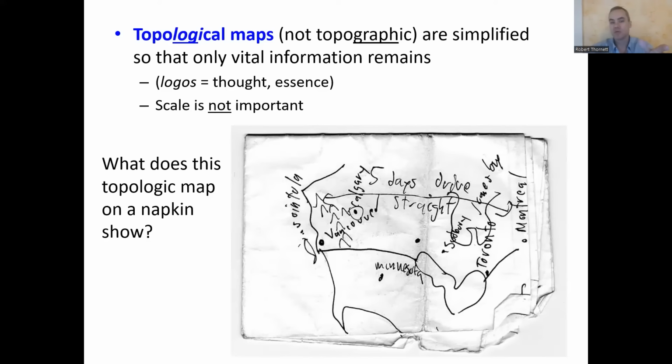And one of the funny things of this map, he's got the line going straight through what appears to be a bay up there. But that's okay, because it doesn't matter, because this is just a topological map, right? It's not supposed to be perfect. It's just trying to capture the idea. And does it work? It does, right? He's saying you can drive from one end of Canada to the other in 5 straight days. It doesn't matter whether it's perfectly drawn or not.